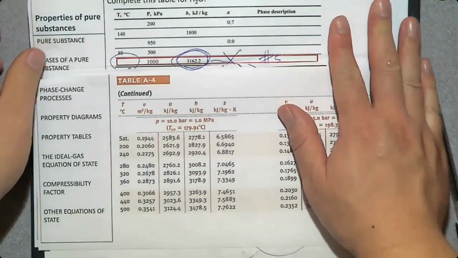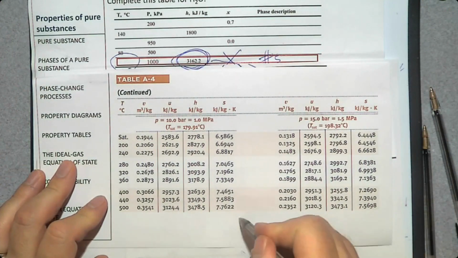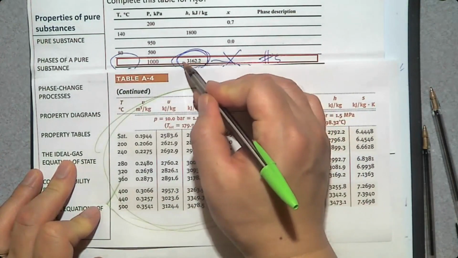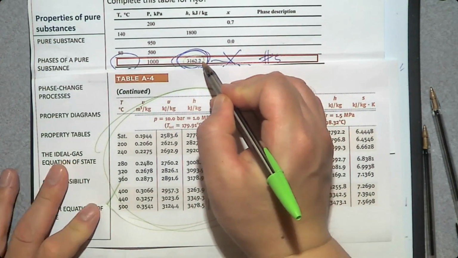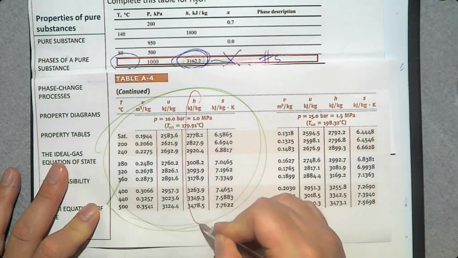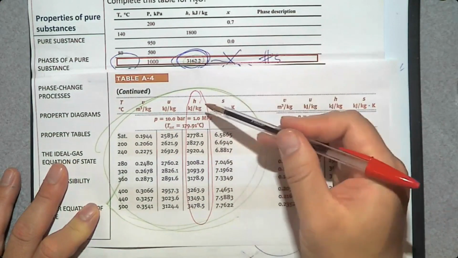So here is table A4. Where is 1000 kilopascal? Here, 1 megapascal. So the properties that we are looking for is here. And H is 3162. Where is H? This column, H. So let's find 3162.